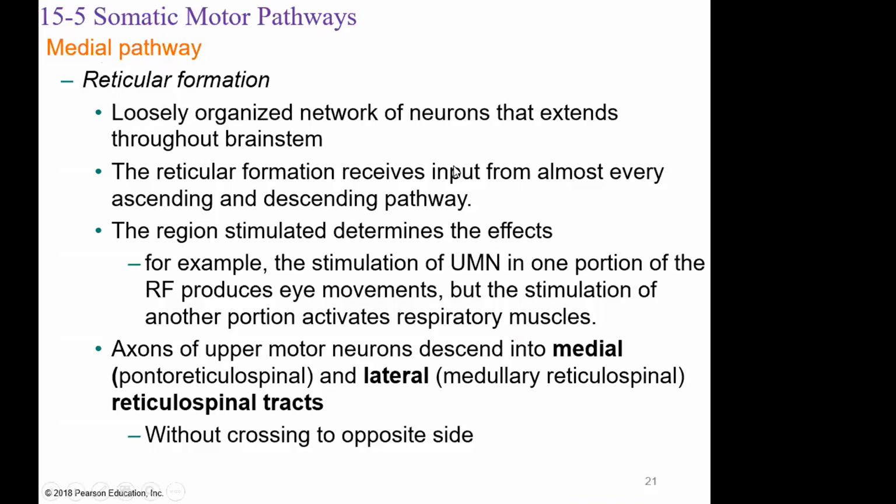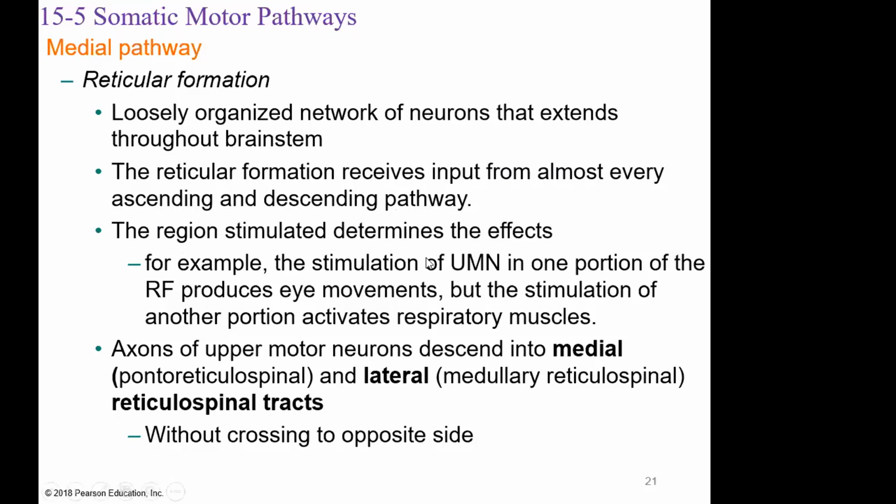Because of this, it is going to receive input from almost every ascending sensory and descending motor pathway. So there's a lot of information that the reticular formation is going to be receiving. The region stimulated determines the effects. So whatever region is under the stimulation will determine what's going to occur.